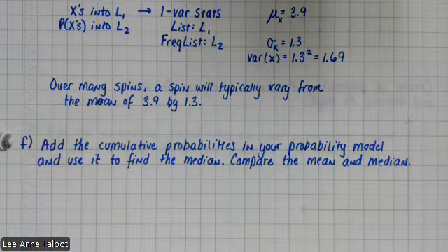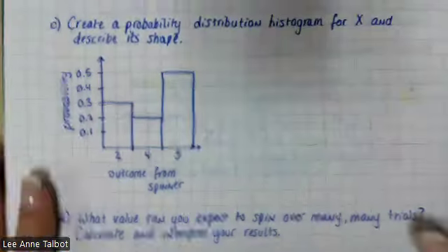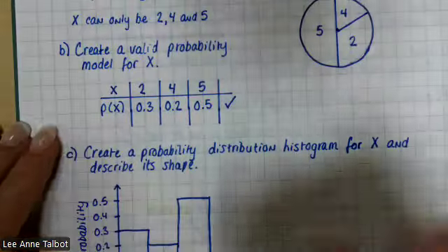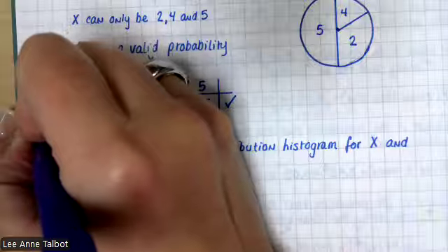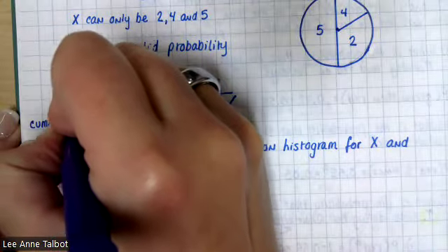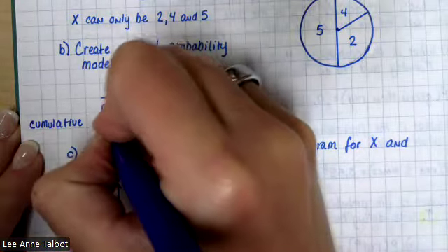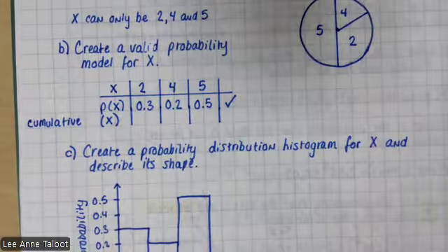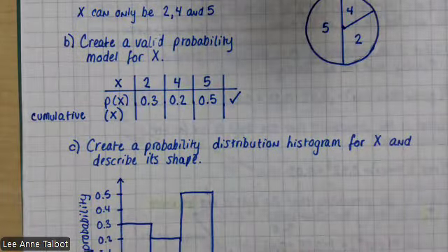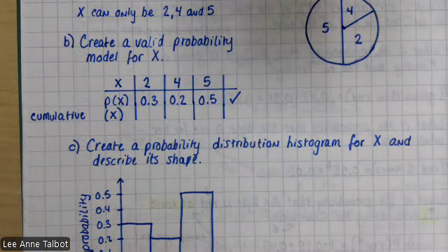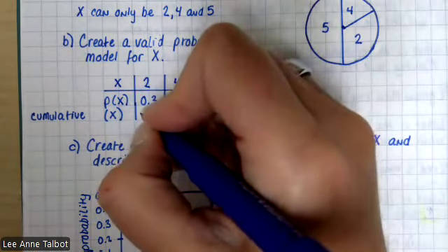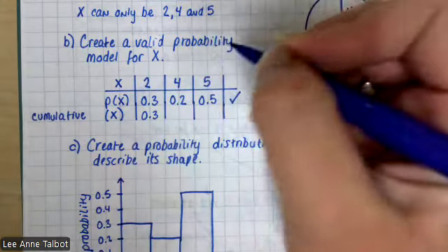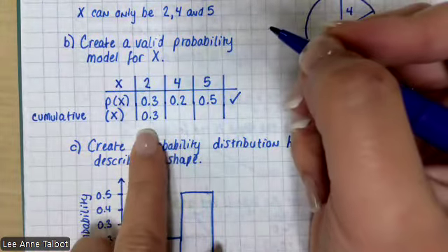Okay, so what we're gonna do is we're gonna go back to the table and find the 50th percentile by adding up the probabilities. So put cumulative X on this line. Okay, and this would just be 0.3 because it's the first one.